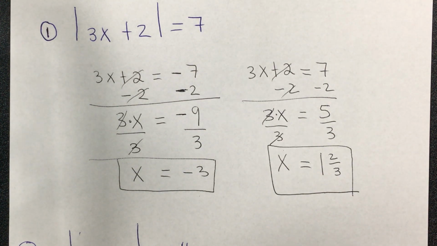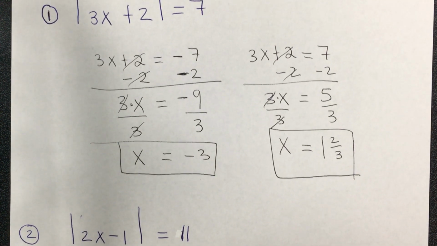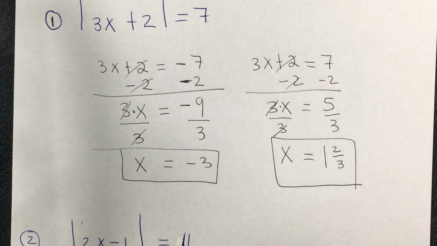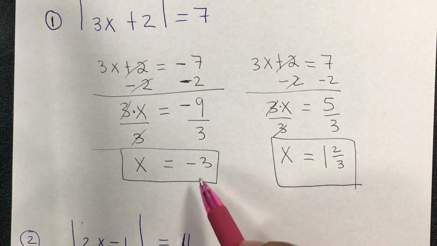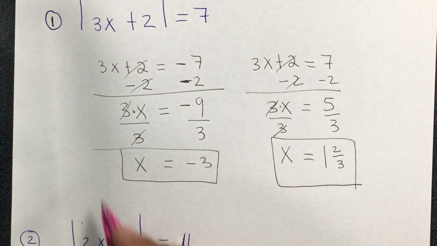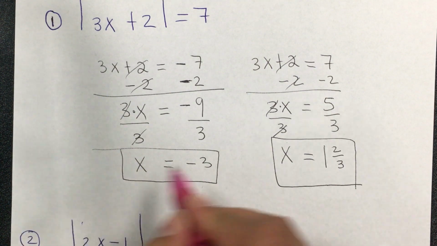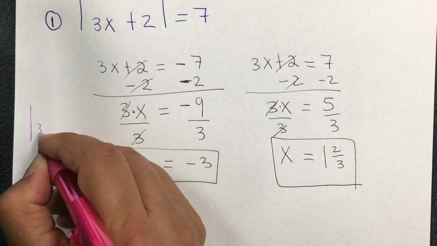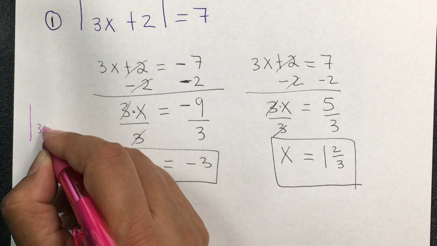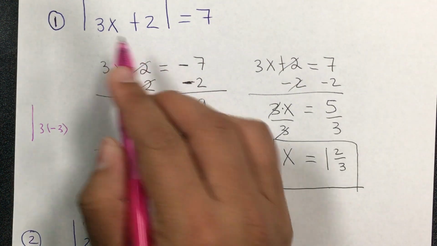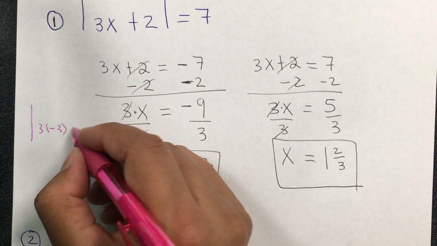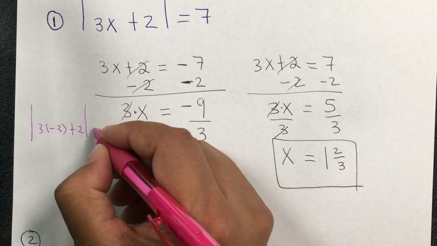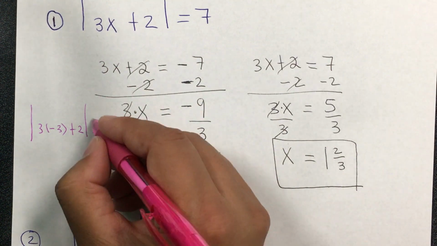Okay, number 2. Oh, sorry, let me just replace it so that you can see how that looks. So if we substitute the x, we have the absolute value of 3 times -3 plus 2. Is it equal to 7?